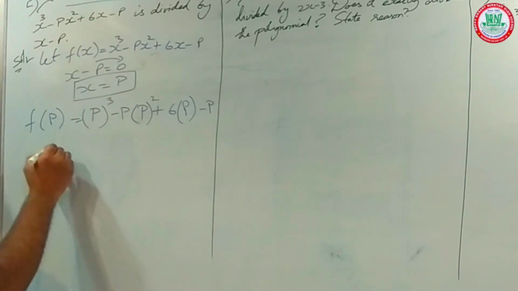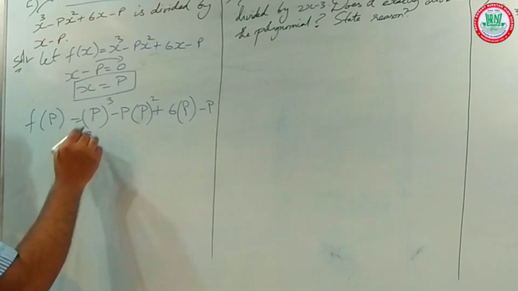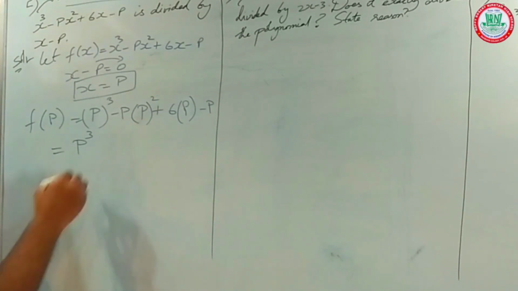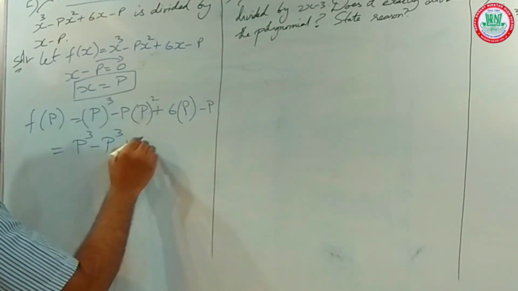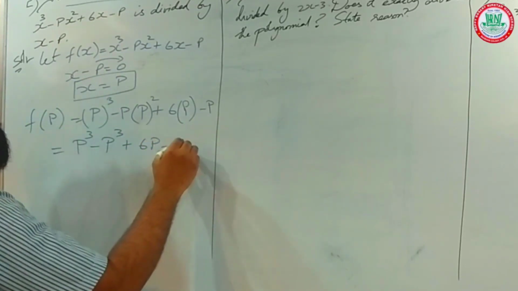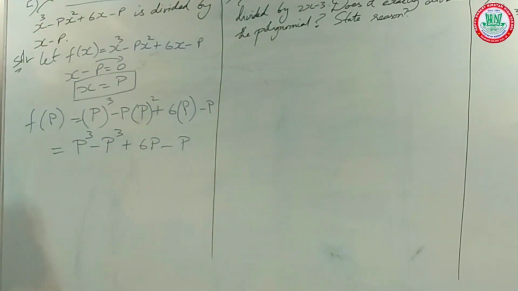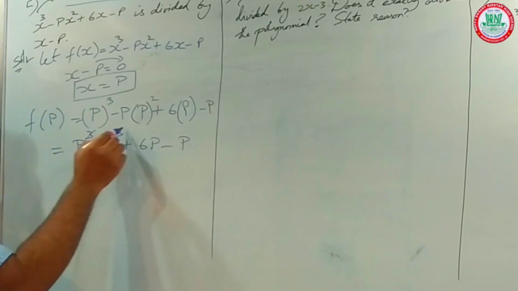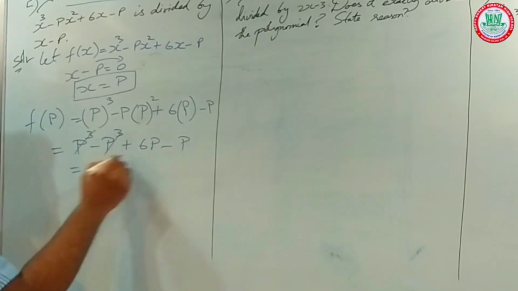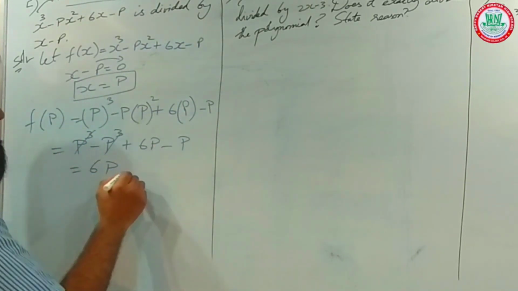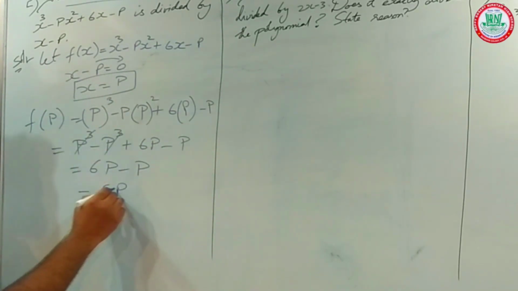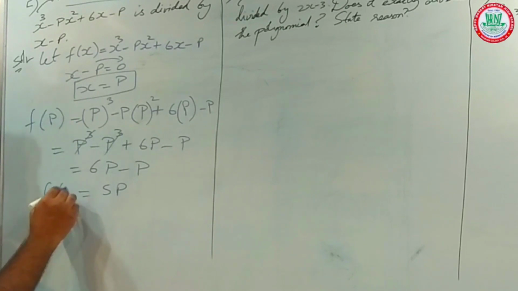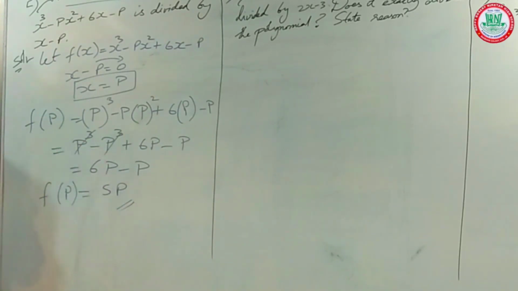Now, which is equal to p cube minus p into p square, p cube, plus 6p minus p. Okay, now plus p cube minus p cube get cancelled, what is remaining? 6p minus p, 5p. So we got f of p is equal to 5p. So 5p is the remainder.